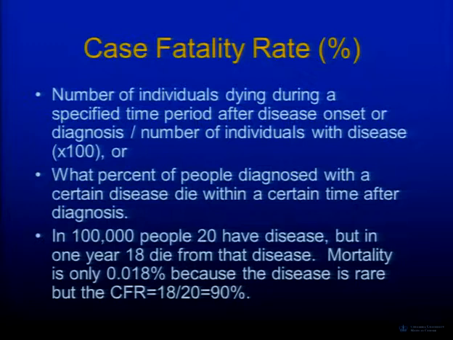It doesn't seem like a whole lot compared to some of the rates we might see, say, for cancer or some of the other diseases. The disease is rare. But we are very concerned with it because it has an abnormally high case fatality rate. Out of 20 people who got the disease, 18 of them died within a year. So the case fatality rate is 90%.